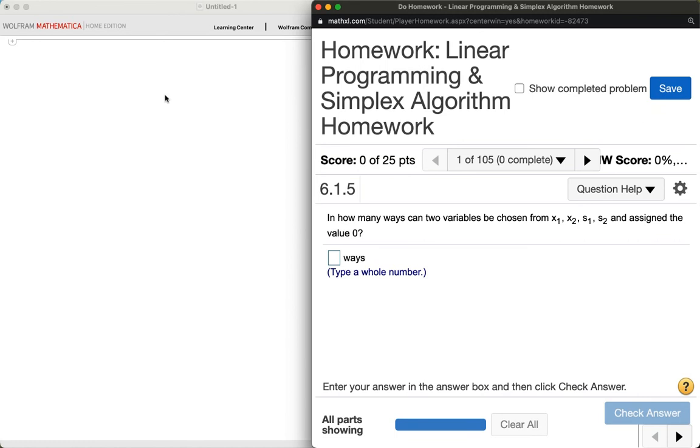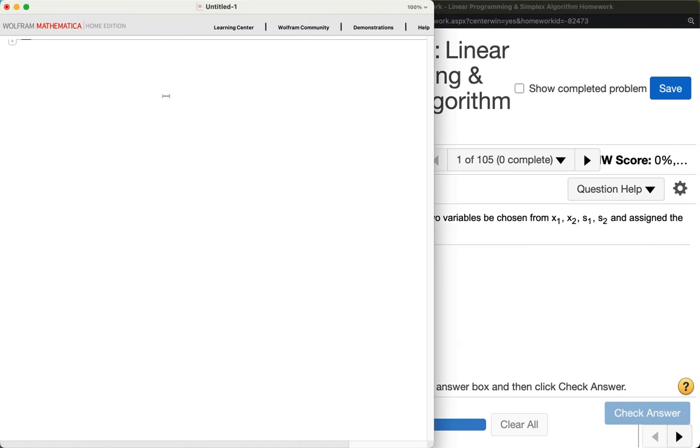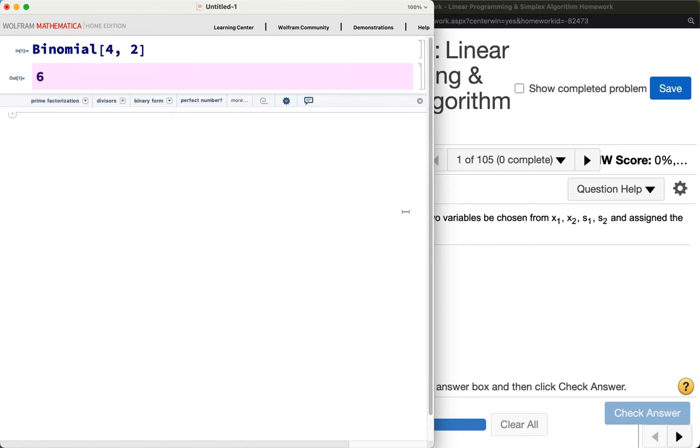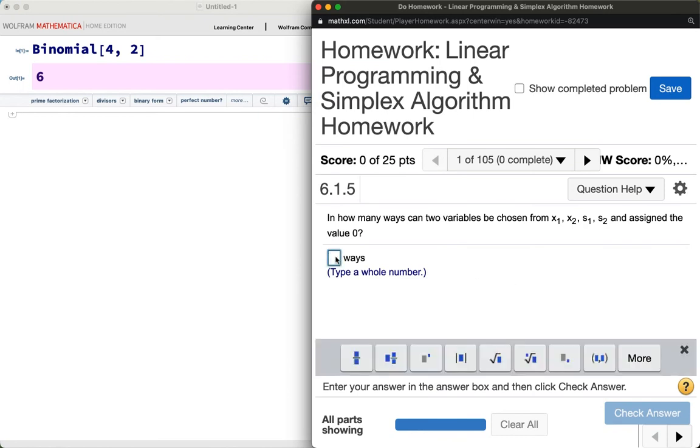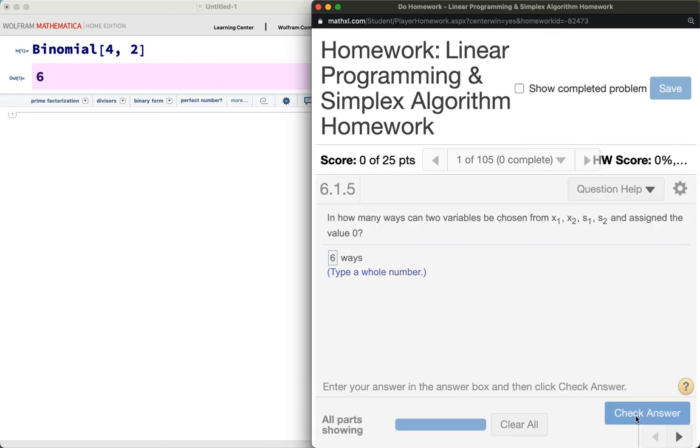That's very easy to do. Just use the binomial command in Mathematica. And we have 6. There are 6 possible combinations. There are 6 ways. That should be correct. Okay, very simple. Just one command.